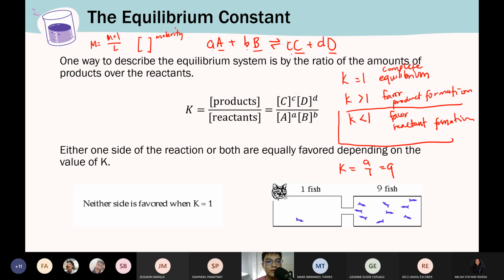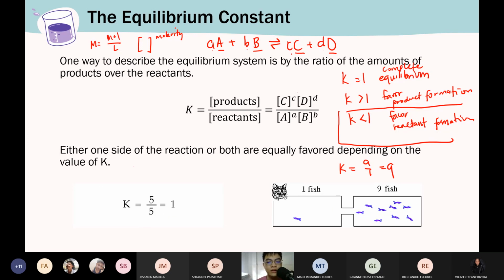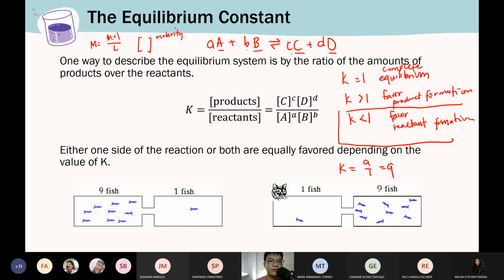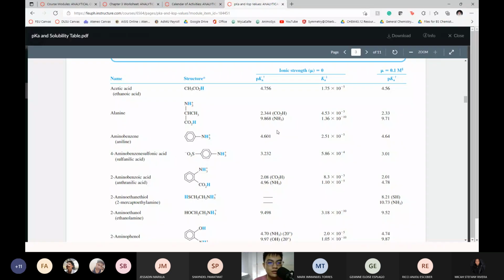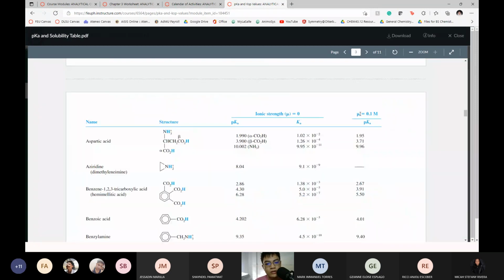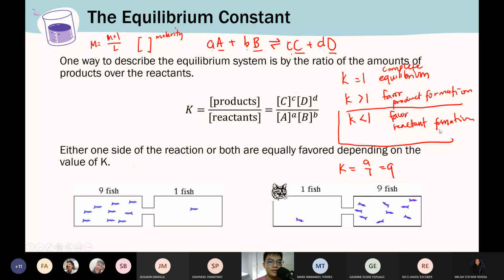And commonly in chemistry, mas favored talaga yung reactant kaysa sa product side, especially for aqueous solutions. Kasi mas stable yung reactant kaysa sa product. So, yun yung possible reason bakit mas marami yung K less than 1. And that is common for aqueous solutions. So, that's why if you see the pKa and the KSP value, negative yung kanilang mga exponent.